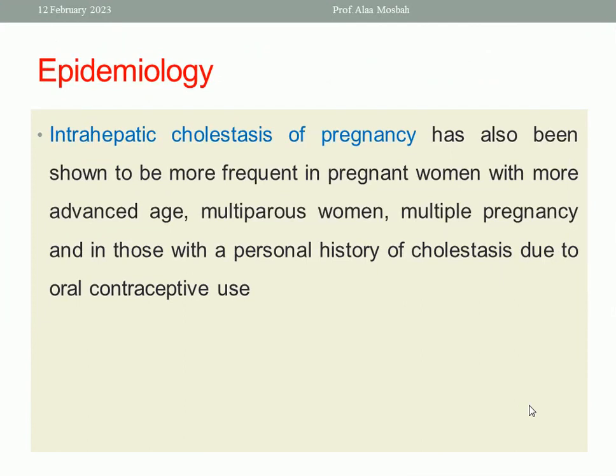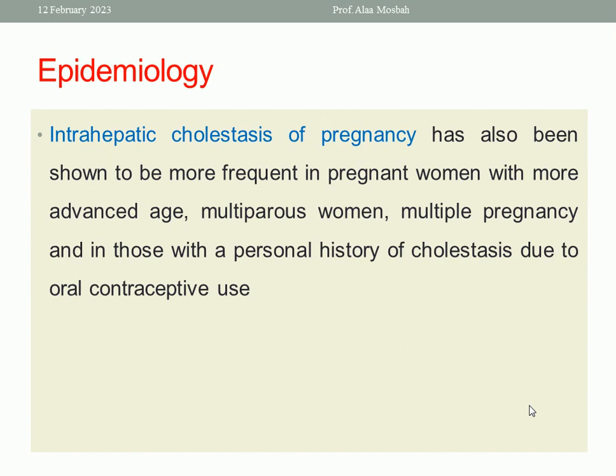Intrahepatic cholestasis of pregnancy has also been shown to be more frequent in pregnant women with more advanced age, also in twin and other multiple pregnancy, also more in multipara, and in those with personal history of cholestasis due to oral contraceptive use.